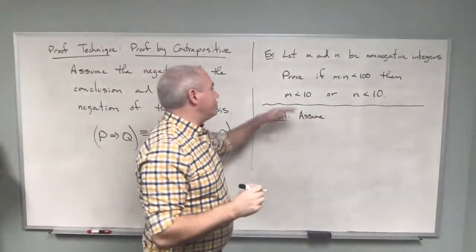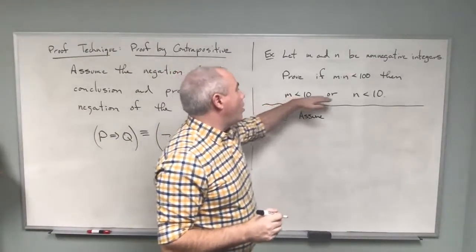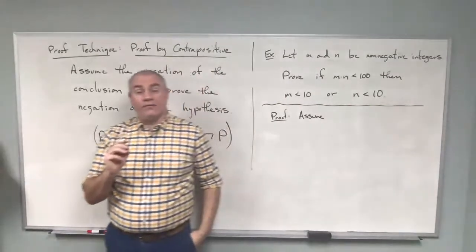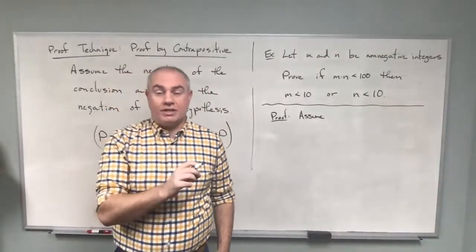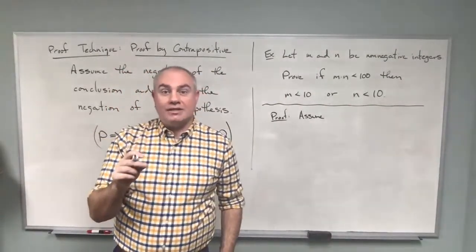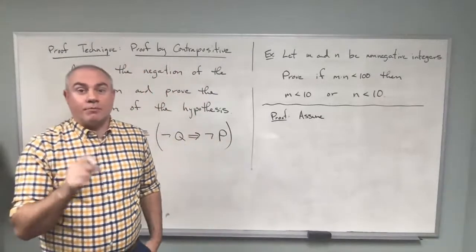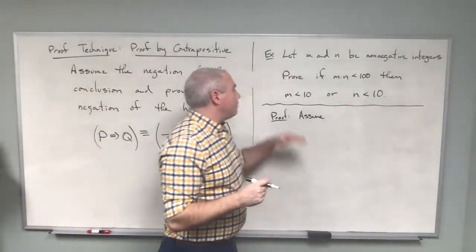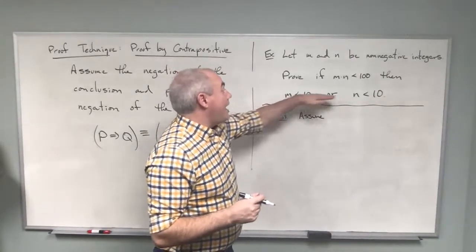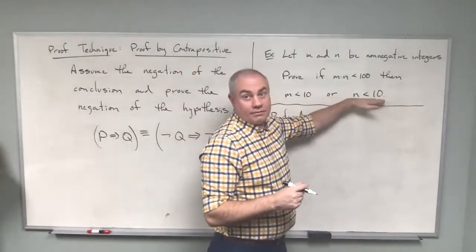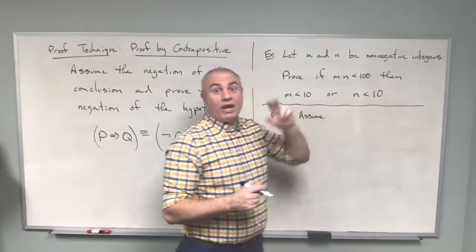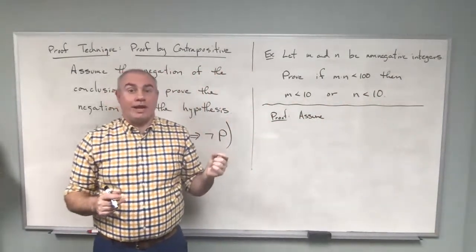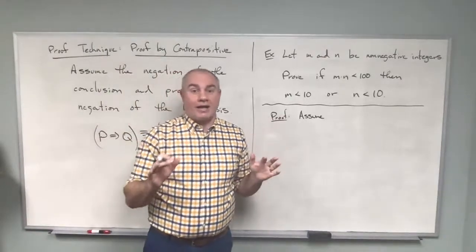The conclusion is M is less than 10 or N is less than 10. We have to be very careful here because we're negating an or statement. When you negate an or statement using De Morgan's laws, the or becomes an and. So it's going to be not this thing and not this thing. Be very careful here, because if you leave it as an or and forget to change to an and, it's all out of whack.